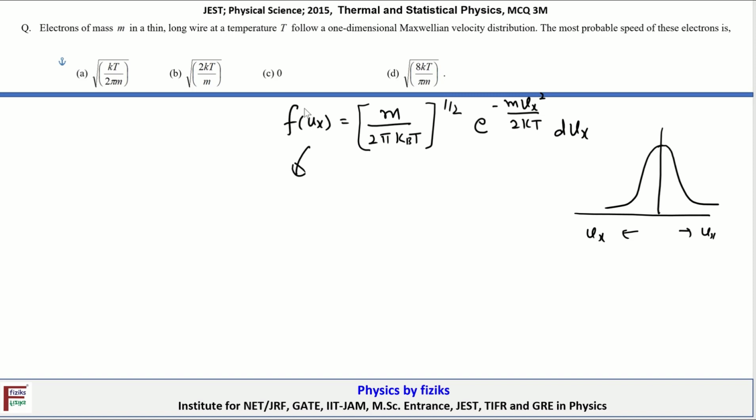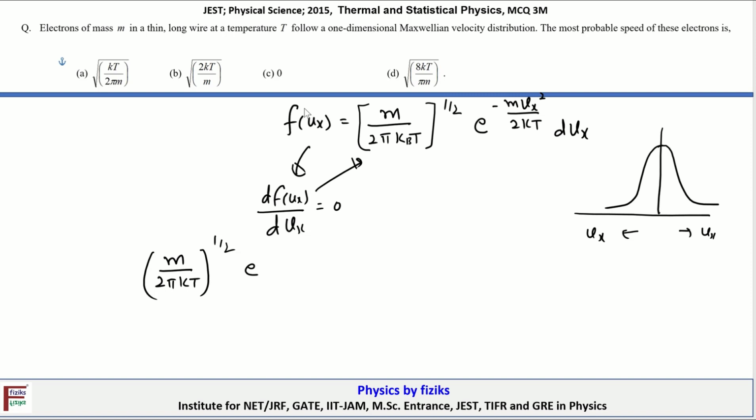That means df upon dVx is equal to 0. That will allow us to determine the most probable speed for the one-dimensional probability distribution function. By applying this condition on this function, what we obtain is the constant term as it is, (m upon 2 pi kT) power 1 by 2, and then the differential of the exponential term with respect to Vx.